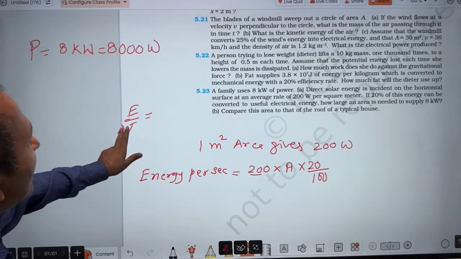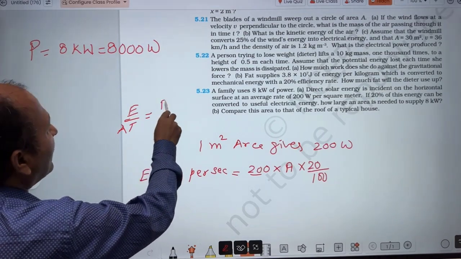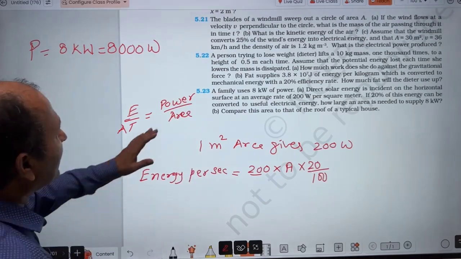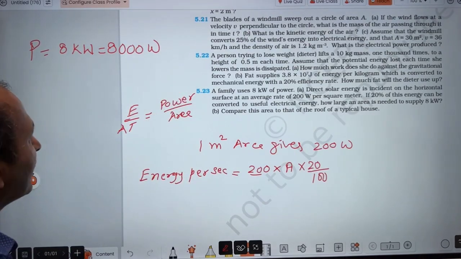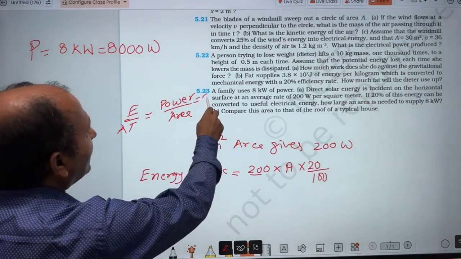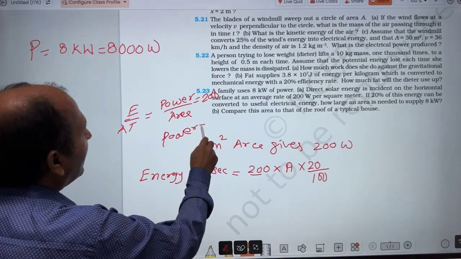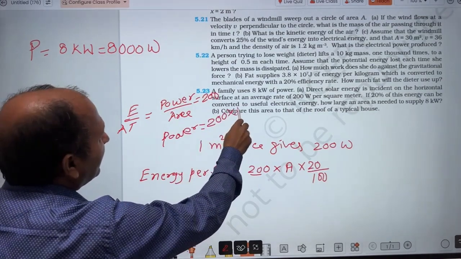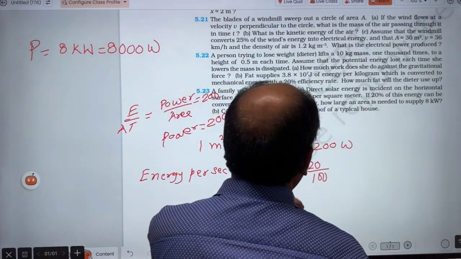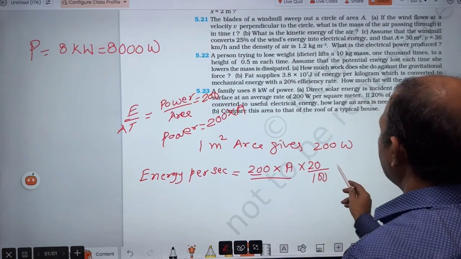To get power, you have to multiply by area because it is given as 200 per meter square. So power you can get as 200 multiplied by area. The same thing I have written here, so 200 times area, and only 20% efficiency is there, so just write this much.